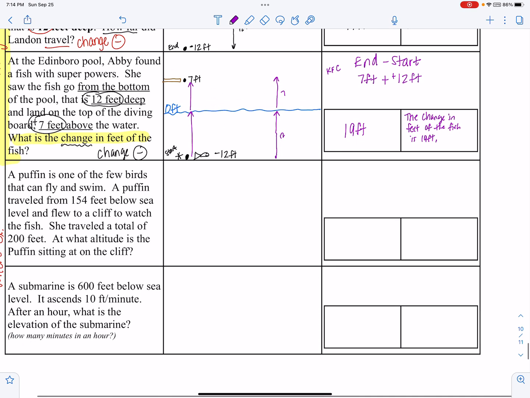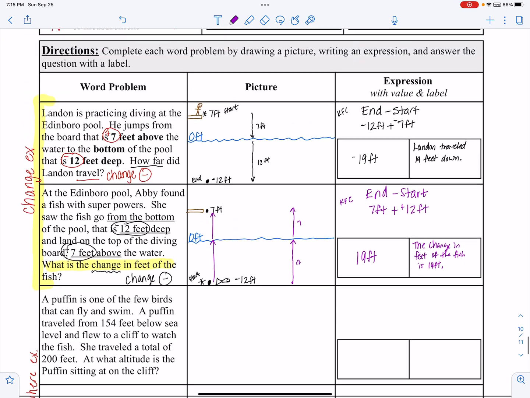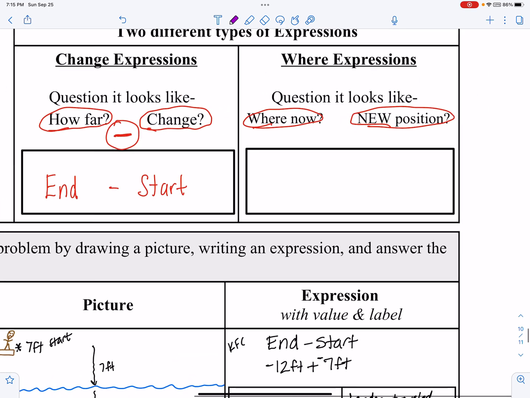Okay, so I know if I'm thinking absolute value here, it went about that 19 feet, so that makes sense. All right, now we're going to look at our where examples. Our where examples are questions like where now, new position. When we do these ones, we're given a start time, or you might actually be given the end time, and then we're either going to add or subtract the change.